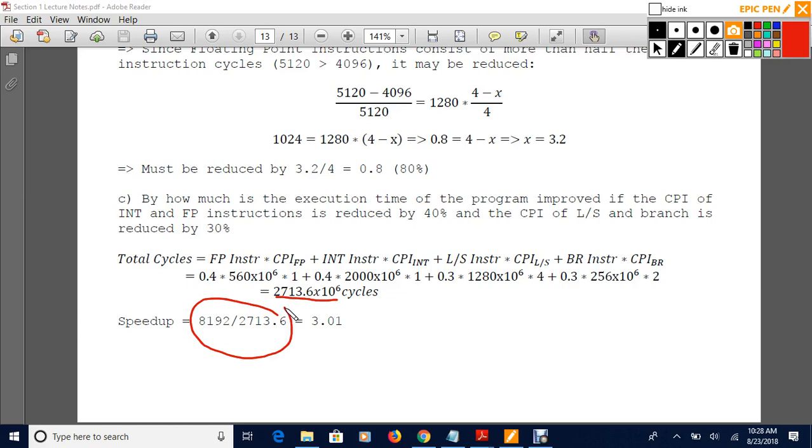So instead of getting a speedup of 2, I got a speedup of 3, even though there's not one single instruction where I got a speedup of 2. Even at the best, it was only 40%. But if you do it throughout the entire data path, throughout the entire instruction set, because you're reducing the number of cycles per instruction, particularly of the load store, that's where you're gaining a significant improvement.